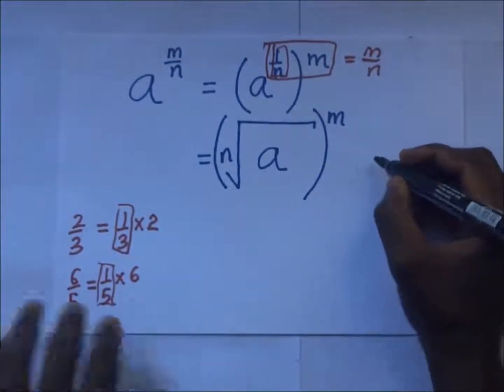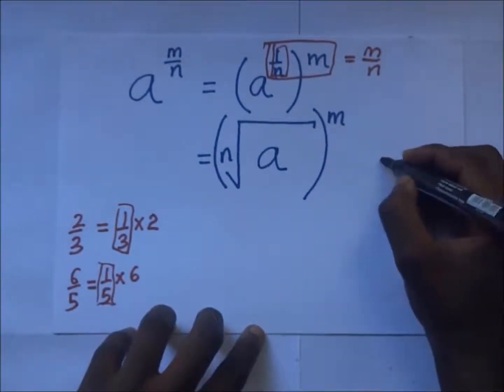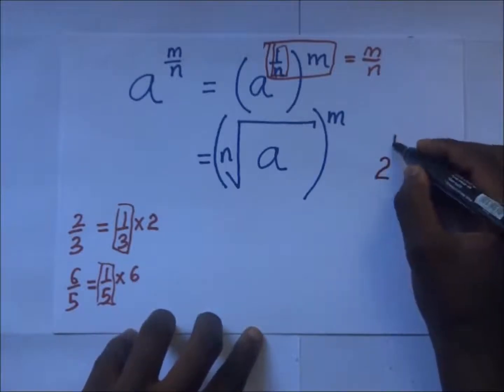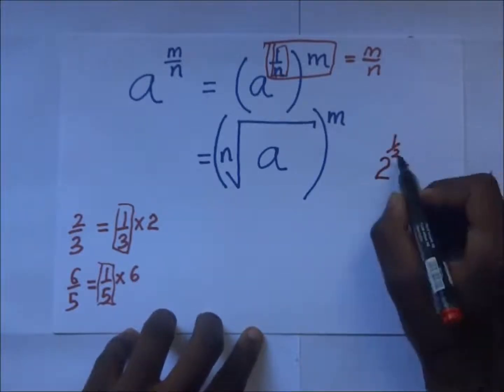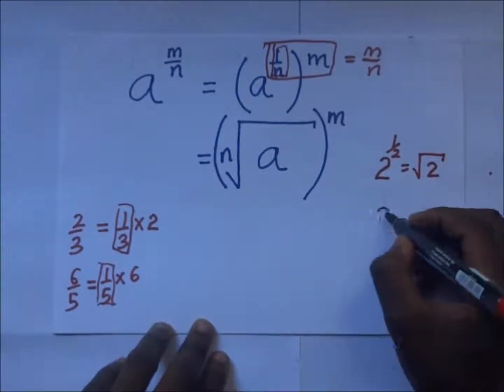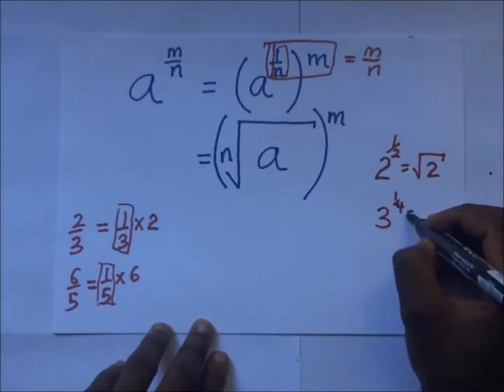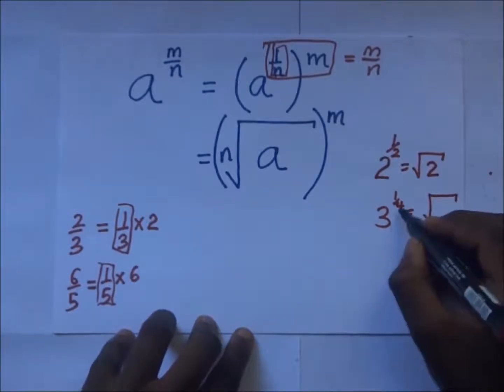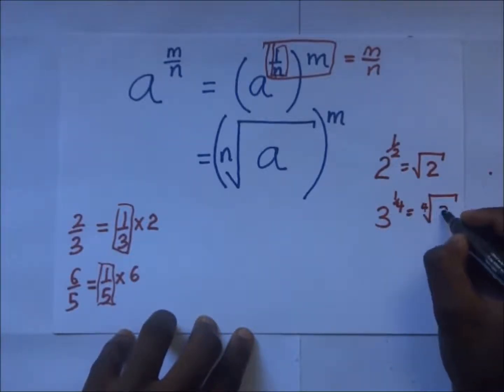For example, 2 to the power a half is the same as the square root of 2. If it is 3 to the power quarter, this is the same as the fourth root of 3.